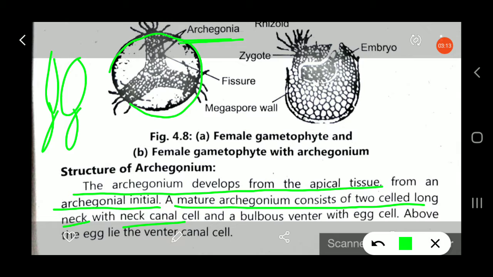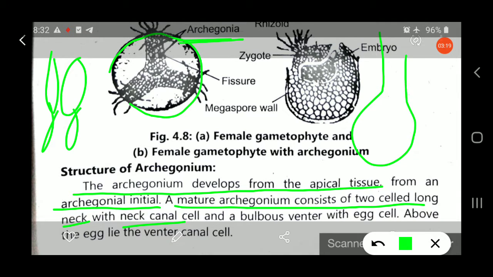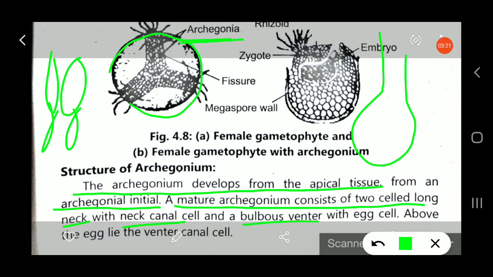The neck is outside and the neck canal cell is present inside, and then a bulbous venter. This bulbous venter contains the egg, and above the egg the venter canal cells are present. Okay, this point is clear.